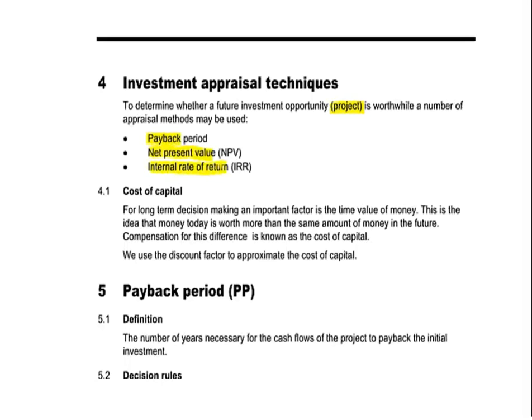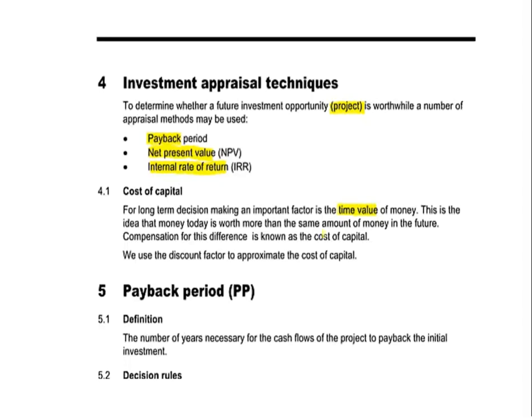And the time value of money is important when we're making long-term decisions. This is the idea that money today is worth more than the same amount of money in the future because you could invest it and earn interest. There's also an element of inflation, so purchasing power, and risk.